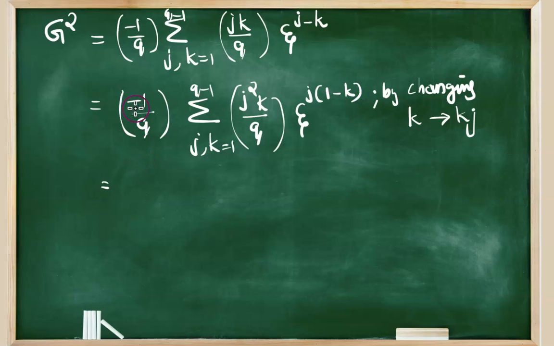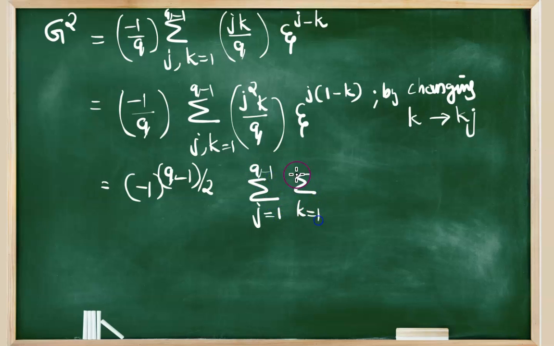We know that Legendre symbol (minus 1 by Q) is congruent to minus 1 raised to (Q minus 1) by 2, into summation J varying from 1 to Q minus 1, summation K varying from 1 to Q minus 1, Legendre symbol (K by Q).